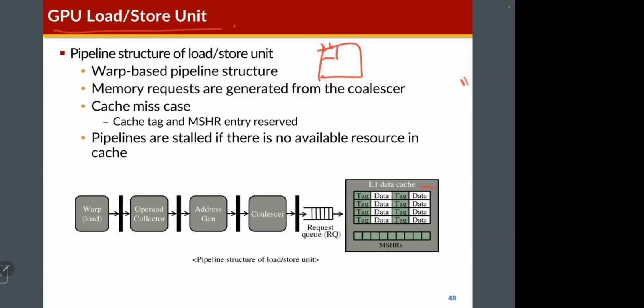So if we apply memory coalescing, GPUs can effectively reduce the number of memory transactions from a warp.